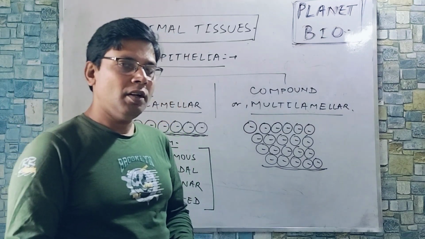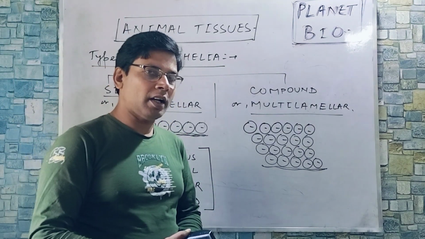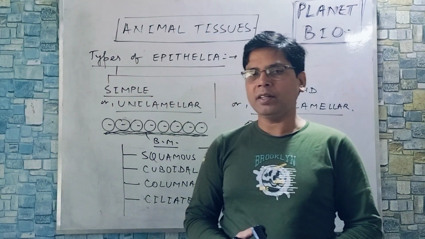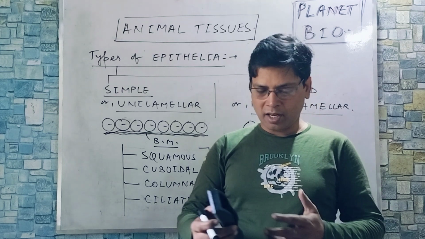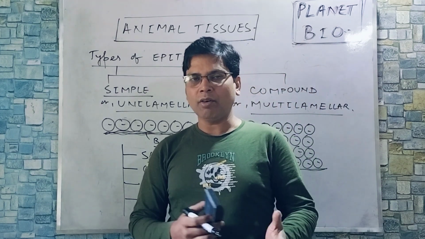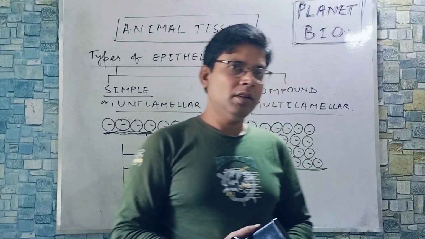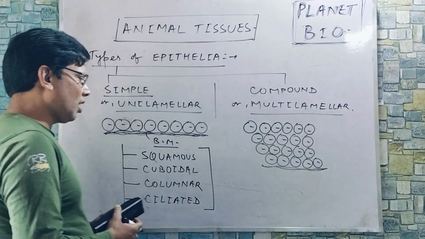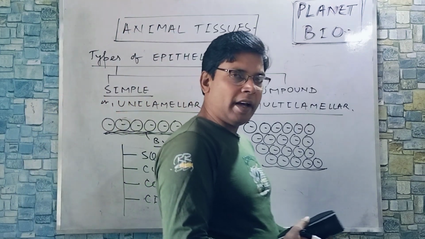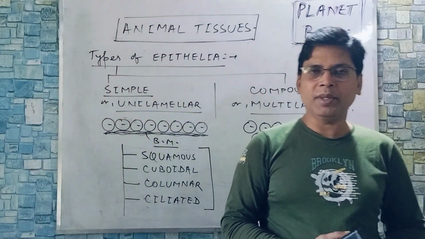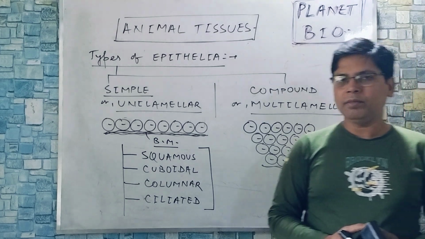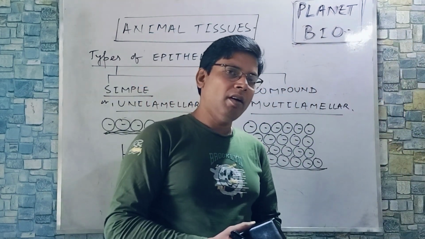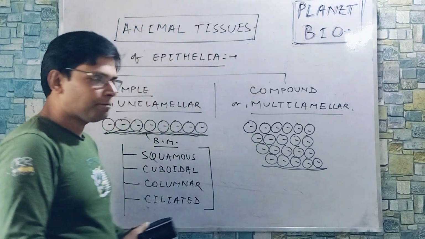That means epithelial cells are arranged in one layer, but they appear to be present in more than one layer, as the cells are smaller, shorter and longer. So they appear to be in two different layers, but they are actually arranged in one layer. Pseudostratified epithelium may have cilia or may not have cilia, found in respiratory or reproductive parts.